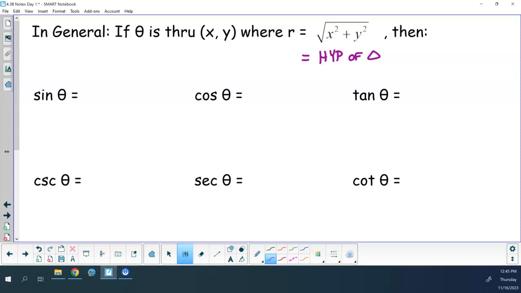If that's the case, then the sine of your actual theta is y over r. The cosine of your actual theta is x over r. Tangent of actual theta would be y over x.